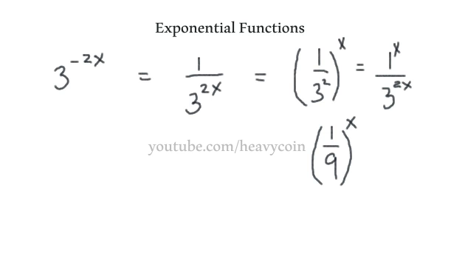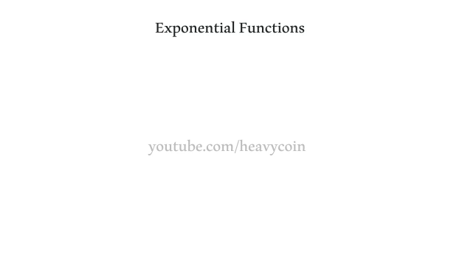Now let's get into some exponential equations. For example, let's say I wrote 16 is equal to a squared, and we want to know what in the world a is.